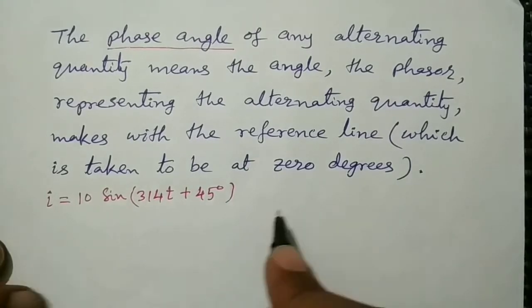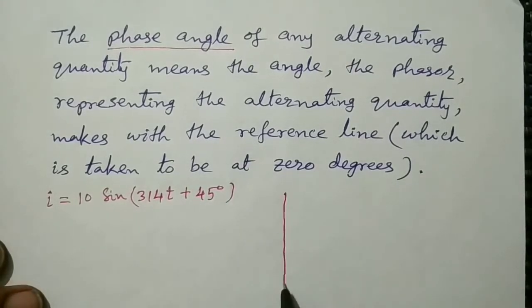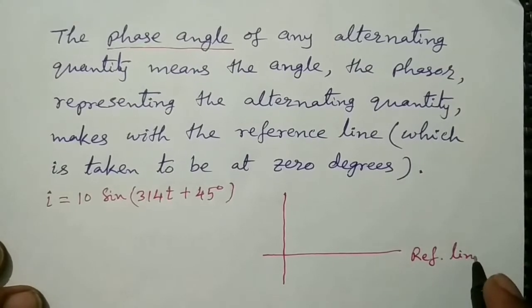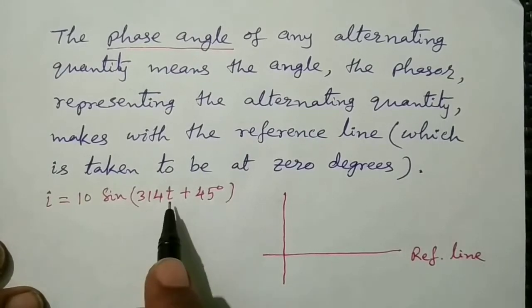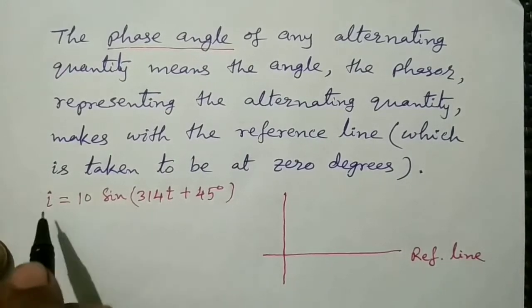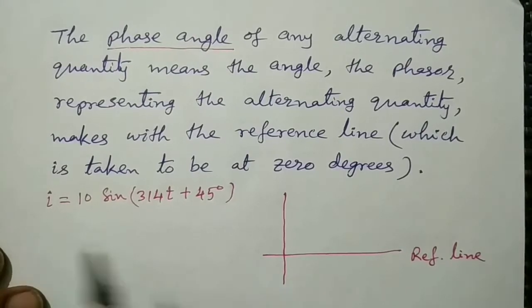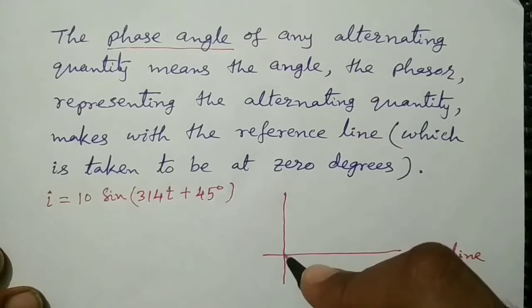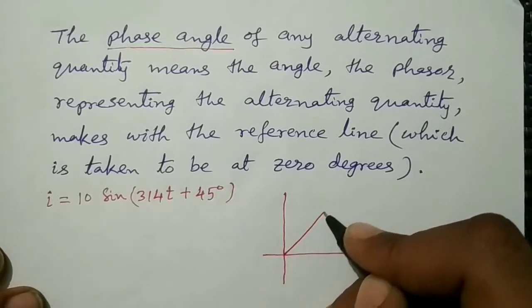So if we draw the phasor of this current, it is the reference line, that is the 0 degree line. So at time t equal to 0, the initial position of the current will be positive 45 degree, and the positive value is taken in the first quadrant.